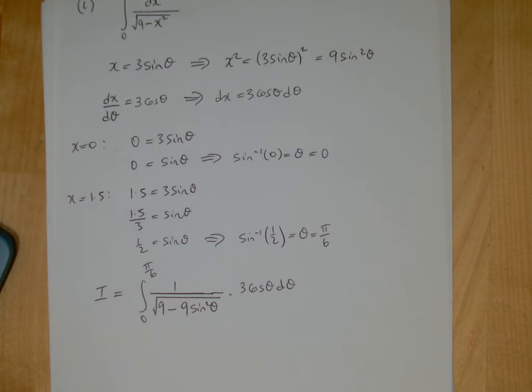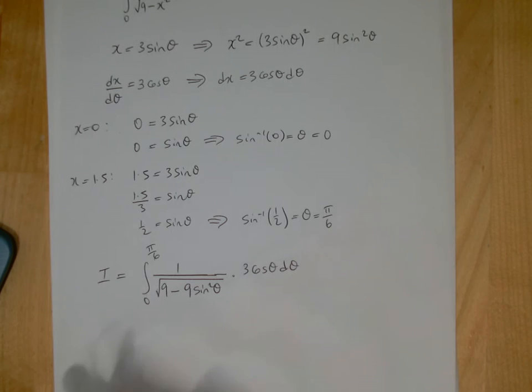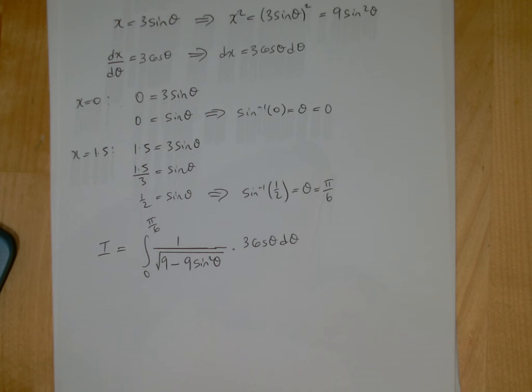Now from this, what we need to do is have a think about where we could go from here. It's actually quite similar to the last question, but in a way it's a little bit harder to find the next step compared to the last question.